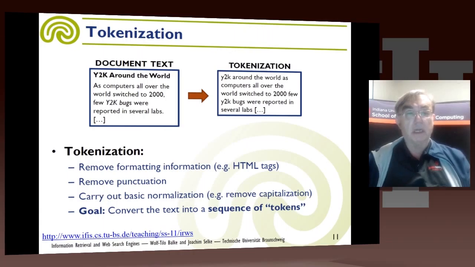So here's a slide going through that tokenization, the first step, in more detail. You remove the formatting information, such as HTML tags. You remove the punctuation, the comma here. You remove the capitalization, such that you have here, the bold face. Here Y2K becomes lowercase y2k, and then you get back your first set of tokens.